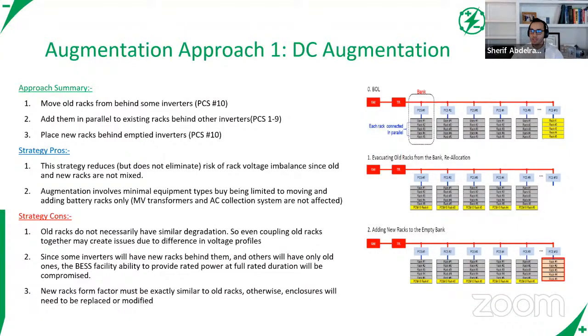So maybe instead of peak load shaving for the other 99% of the time when it's not providing backup power, now it needs to do a frequency regulation function or an arbitrage function.